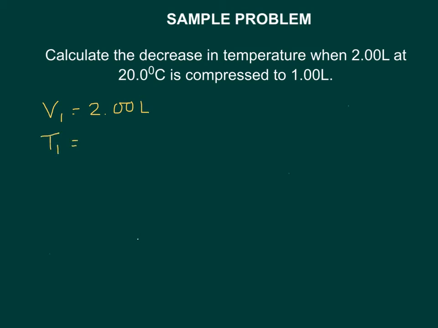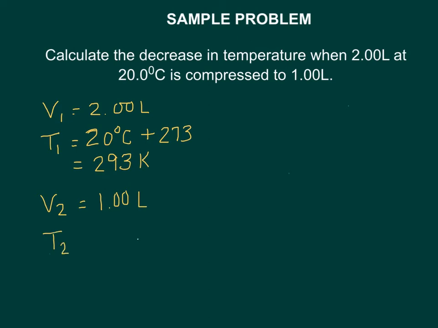T1 equals 20 degrees Celsius, and we want to add 273 to that so that we can have a temperature in Kelvin. 20 plus 273 is 293 Kelvin. V2 is 1 liter, and T2 is what we are looking for.